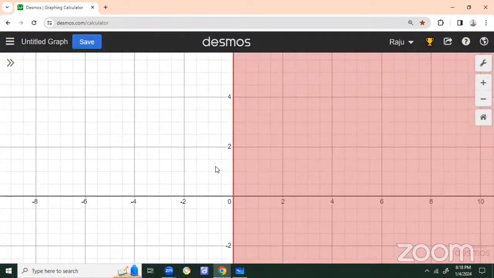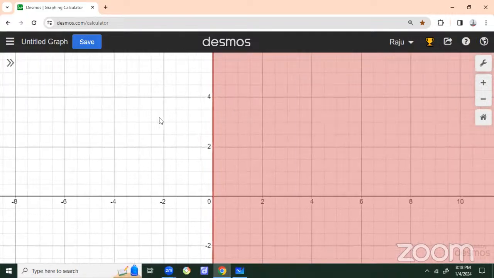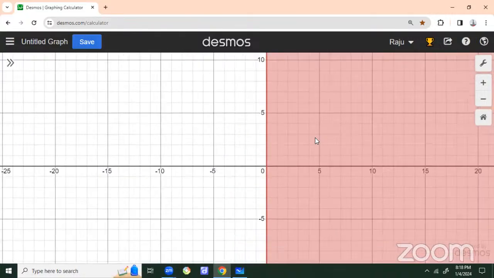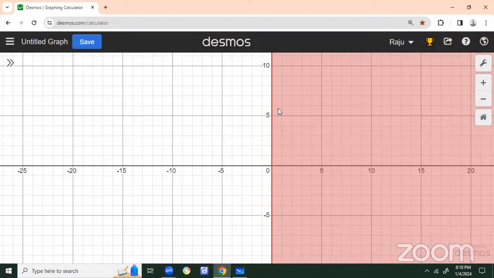the colored part? So basically, in which quadrants do we have values of x greater or equals to 0? Is it the first quadrant, second quadrant, third quadrant, or fourth quadrant? You can see here on the screen, the colored one.